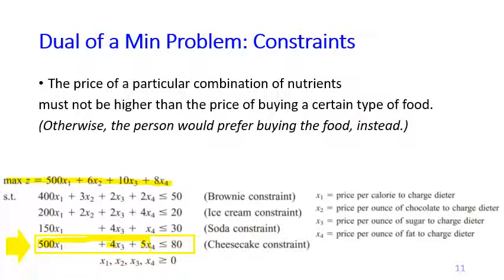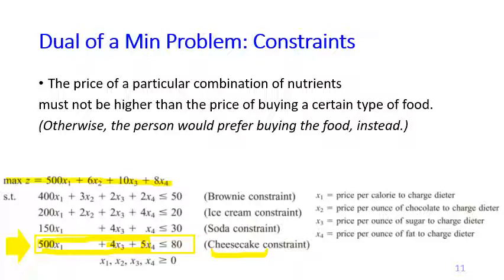Why is this the case? Well, if the price of this combination of nutrients is exceeding 80, it means that this dieter may just buy a cheesecake, right? A cheesecake only costs the person 80 cents, I think.